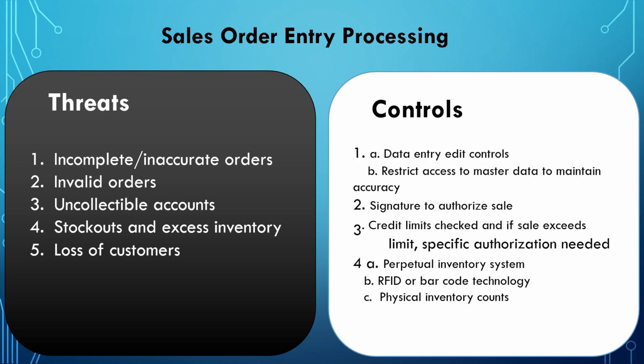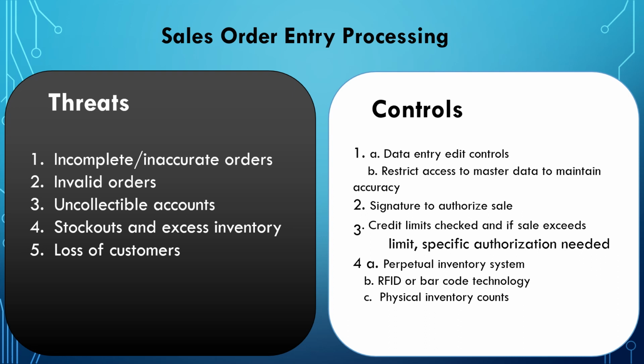And what controls can we have? We have data entry edit control, and restricted access to master data to maintain the accuracy and to control the invalid orders. We can have a signature to authorize the sales, which can be a physical signature, an authorization signature, or a digital signature.